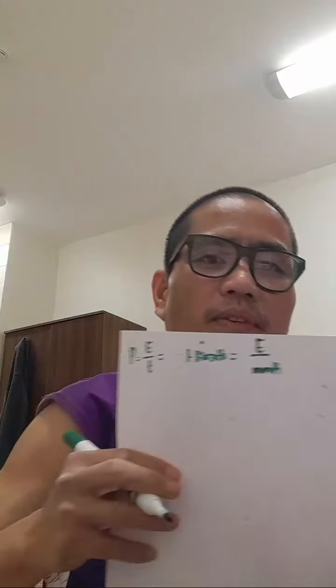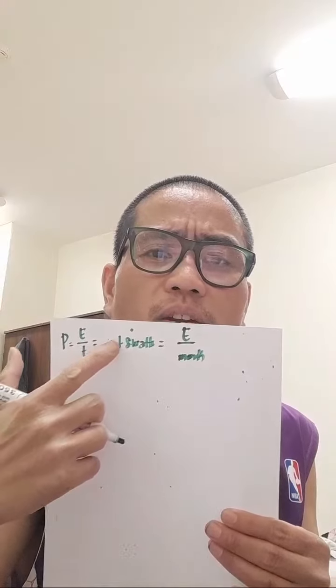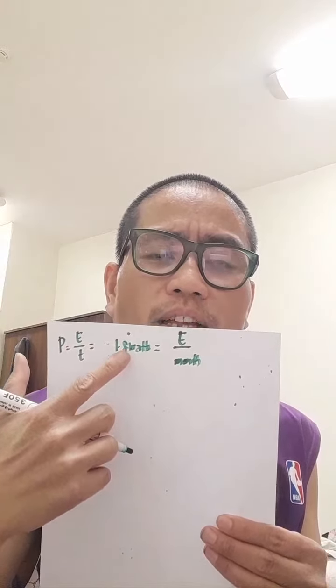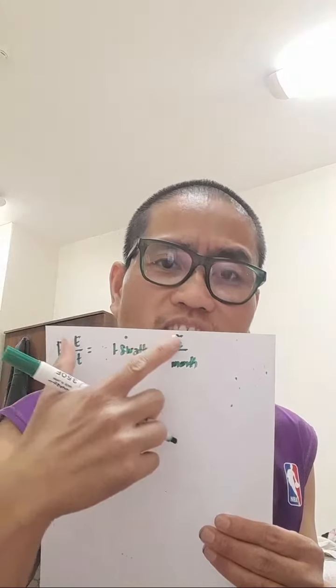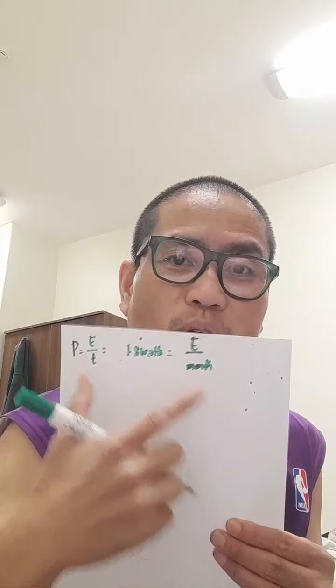Substitute into power equals energy over time. 1.8 watts is our power that we already computed, equal to energy over time, but time is understood to be month because it is being required in the problem.